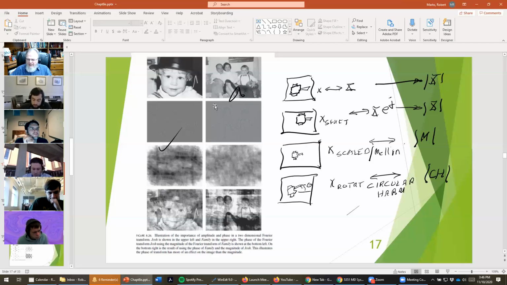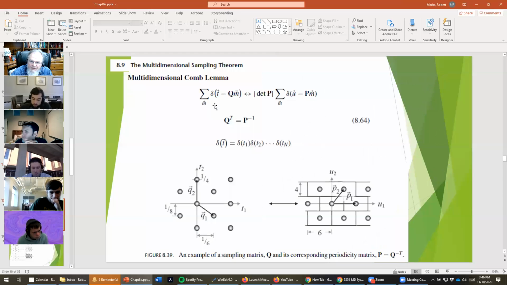In order to do that, it's important to see how sampling geometry replicates into periodicity. And this is manifest in something called the multidimensional comb theorem. First of all, we have Q, which is a sampling matrix. So Q in the T1, T2 domain, this could be an image domain. This could be X and Y, for example.